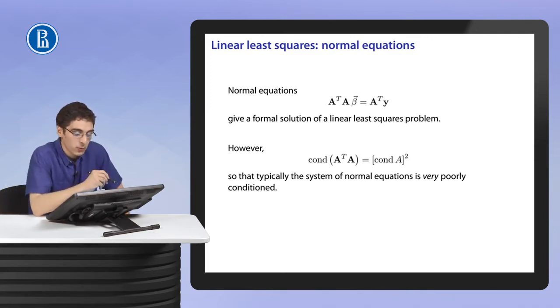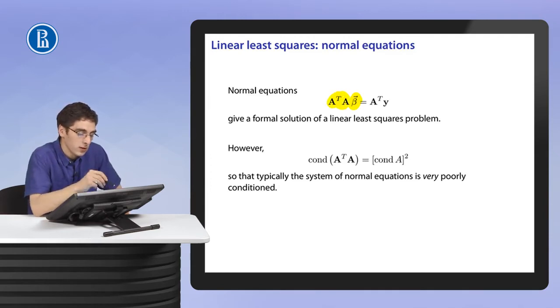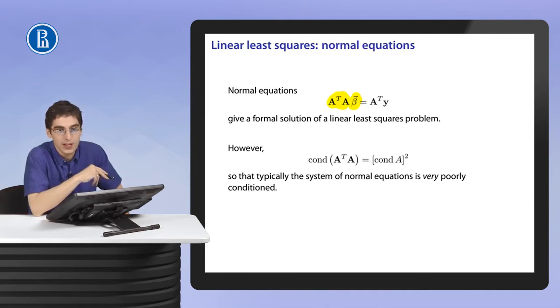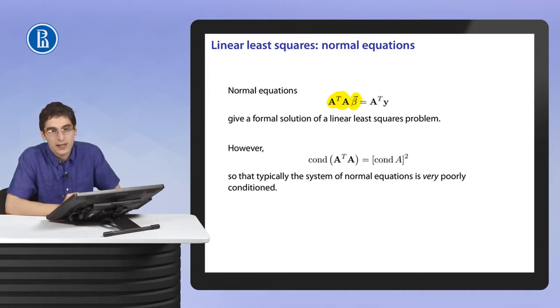which is a system of linear equations for unknown parameters beta, that's a vector of unknown parameters, and the left-hand side is given by the product of the transpose of the design matrix with itself. And like I was saying previously, the condition number of this normal system can be reasonably bad because it's just a square of the condition number of the design matrix itself.